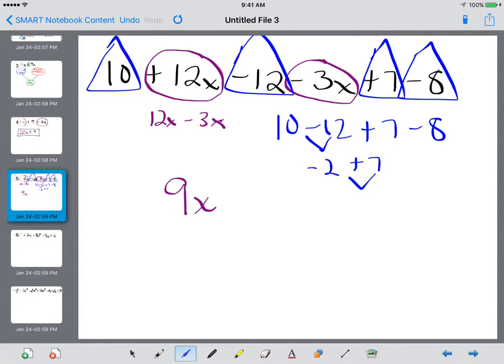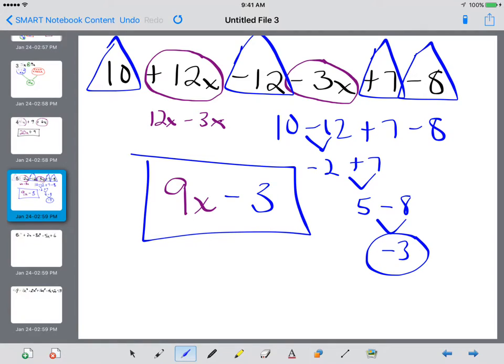Plus 7, that becomes 5. And then minus 8, that would give us negative 3. So when I combine those four numbers, it turns out to be minus 3. So this expression really got a lot simpler. It went from 6 terms down to 2.